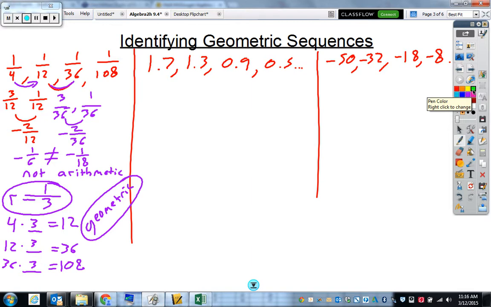For this next one, I'm going to check to see first if it's arithmetic, because I see I'm going from 1.7 to 1.3. Well, that means I'm just subtracting 0.4. And to go from 1.3 to 0.9, I'm subtracting 0.4.